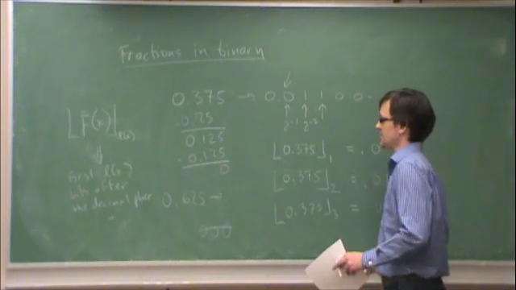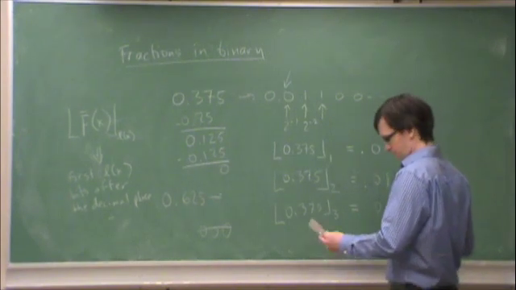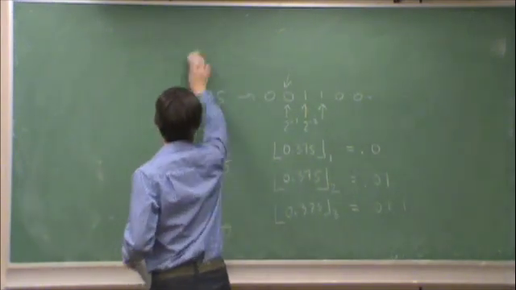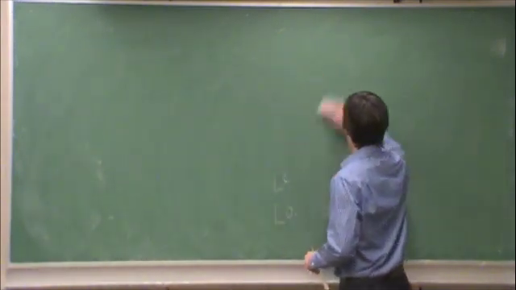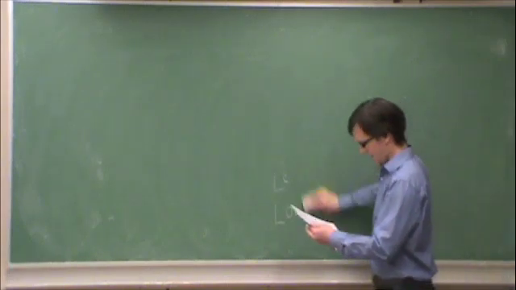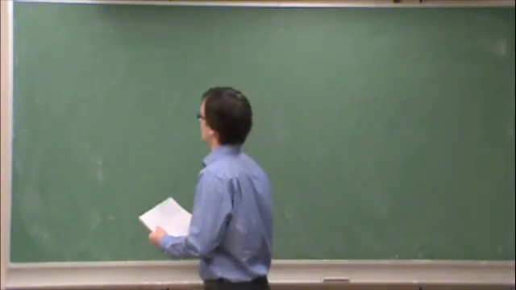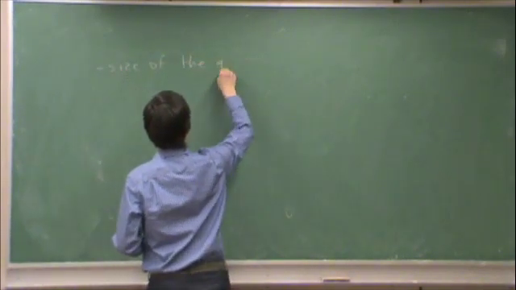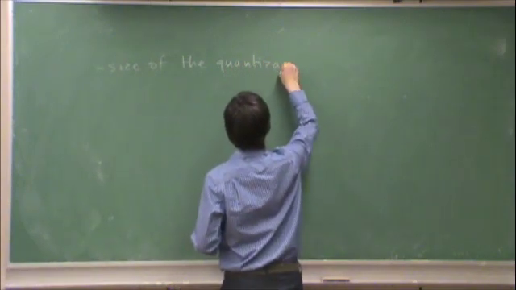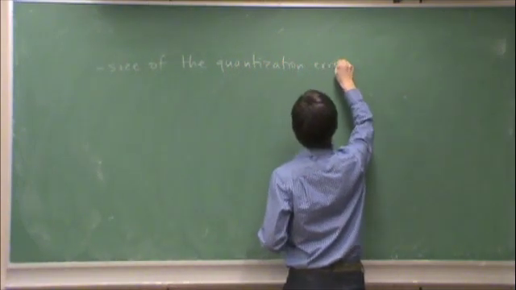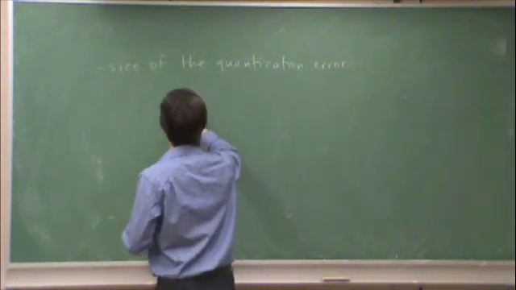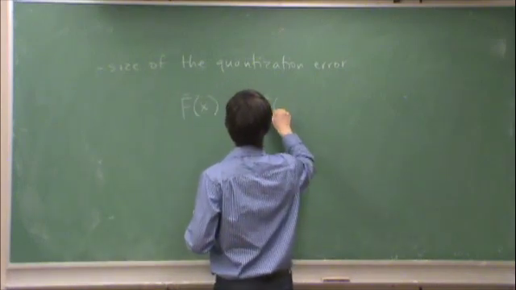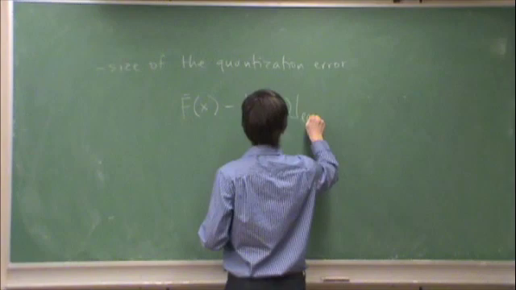Okay, so what's interesting about this is the size of the quantization error, in other words, f bar of x minus floor of f bar of x sub L of x.